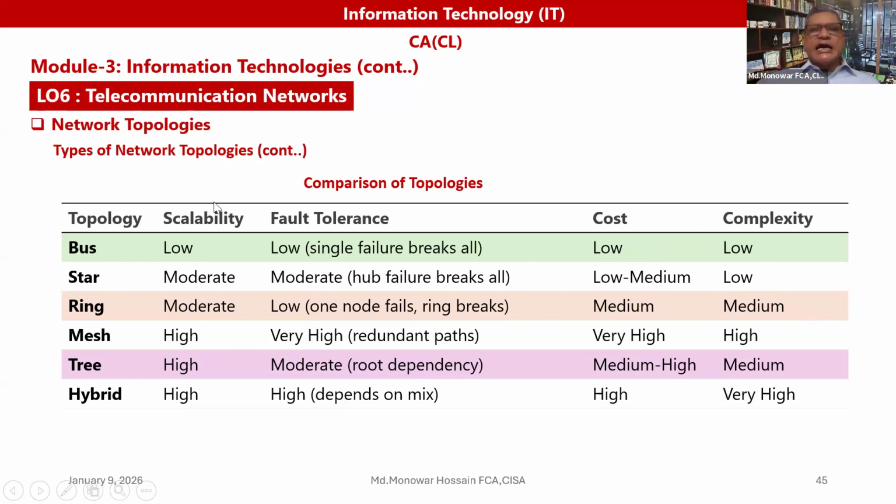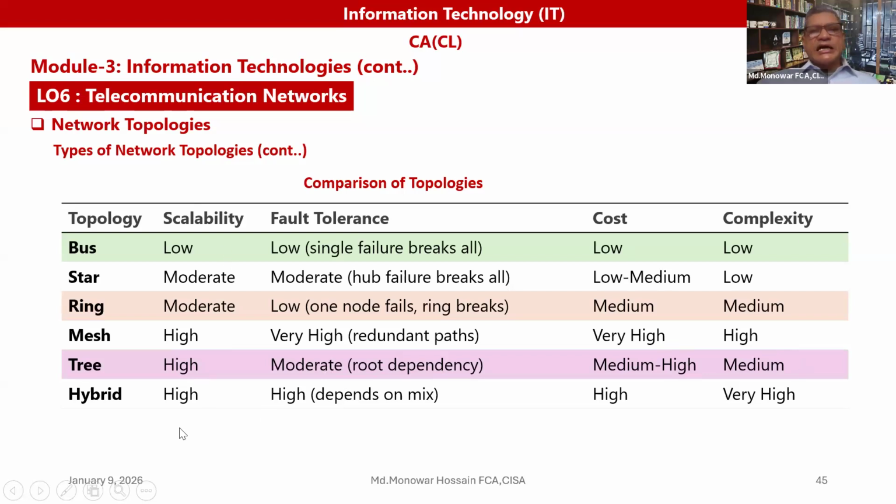Mesh network is highly scalable, with very high fault tolerance through redundant paths, very high cost, and high complexity. Tree network also has high scalability, and fault tolerance is moderate, with dependency on the root, medium-high cost, and medium complexity.